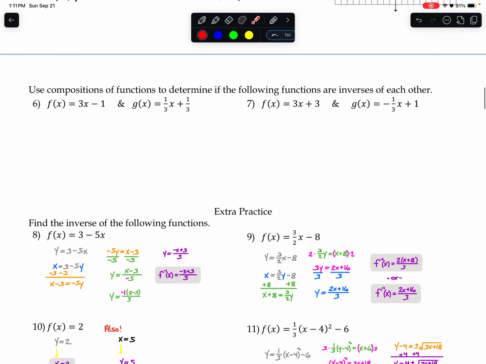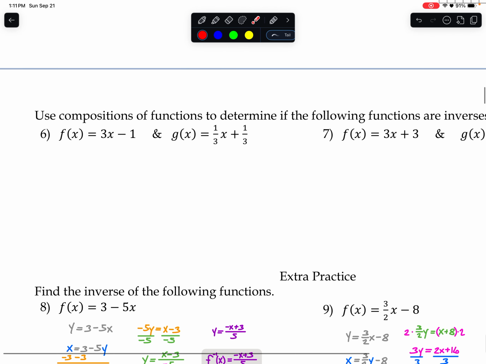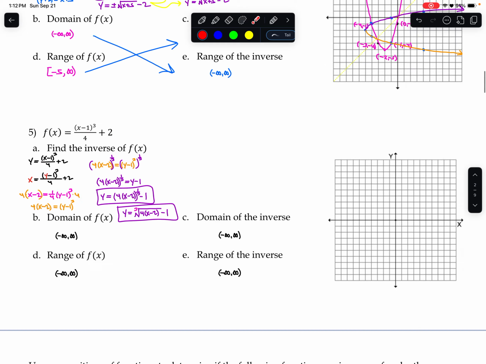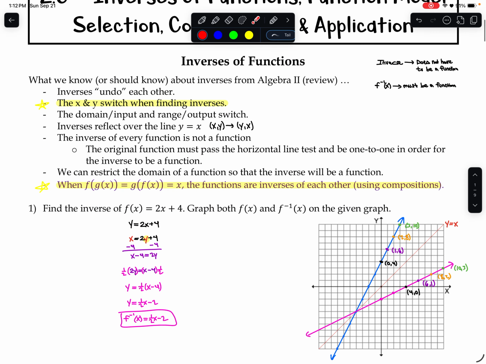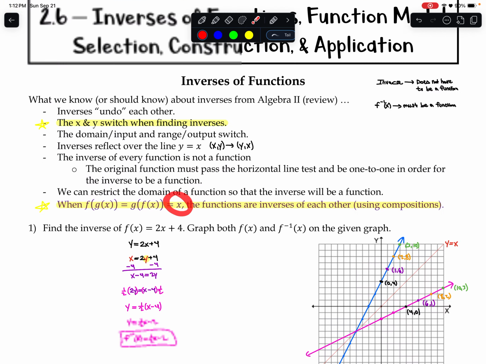Okay, now down here, we're going to look at using compositions and proving that something is actually an inverse of one another. So what's going to happen is we're going to be doing function compositions. So that's what this last part down here is saying. When we do the composition of the original and its inverse, we should get a result of a positive 1x.